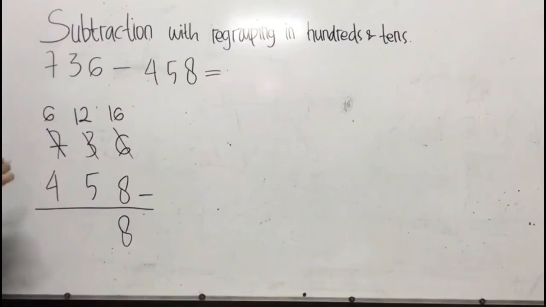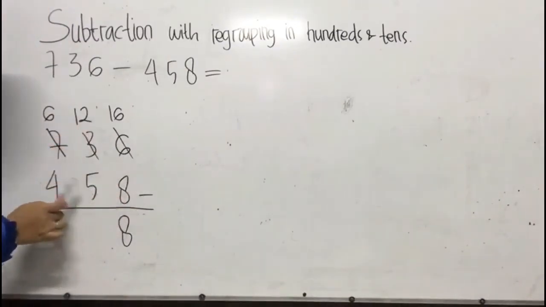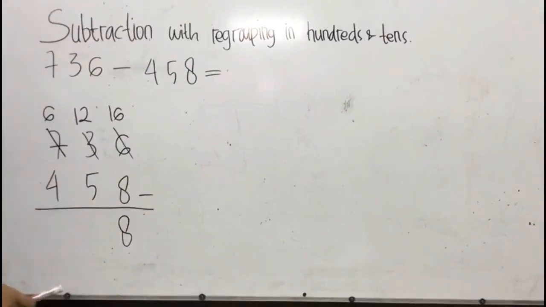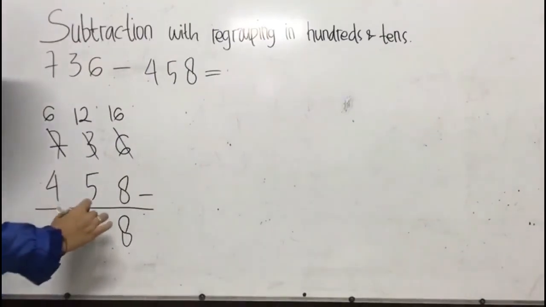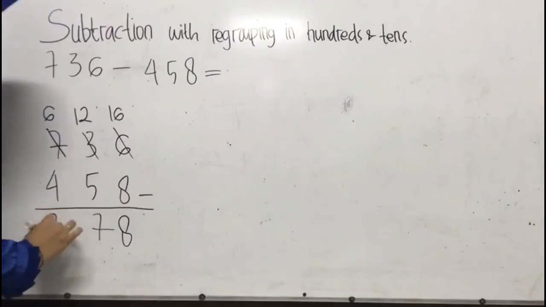Now we can subtract the tenths. 12 tenths minus 5 equals, yes, 7. Lastly, subtract the 600 minus 400 equals, yes, 2.